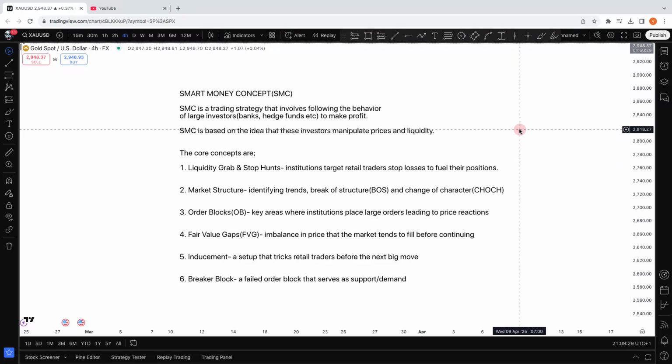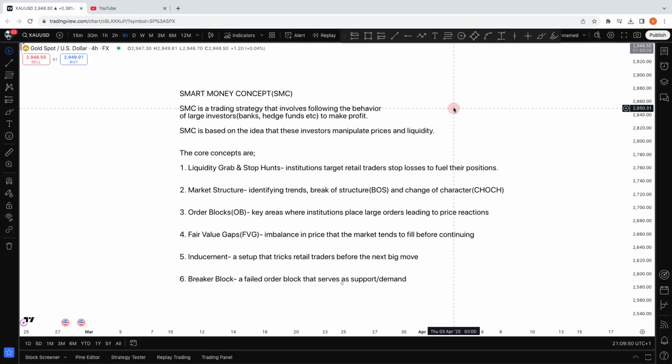All right. Now, what is smart money? The smart money concept, which is often called SMC, is a trading strategy that involves following the behavior of large investors. These investors include the big banks, the hedge funds, and the financial institutions, to make profit.